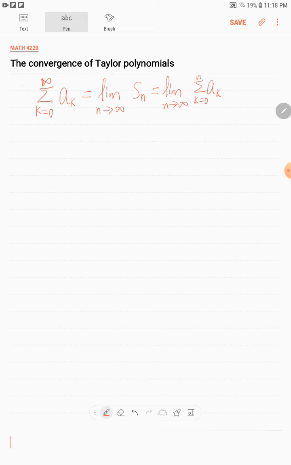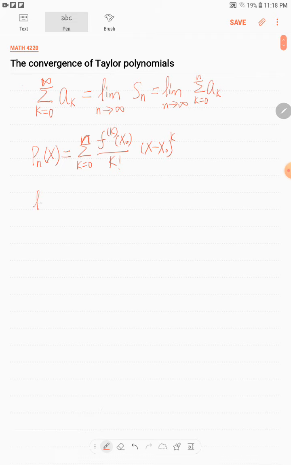So now the nth Taylor polynomial is given by p sub n, which is the summation k from 0 to n of f, the kth derivative at x naught over k factorial times x minus x naught to the power k. Right?